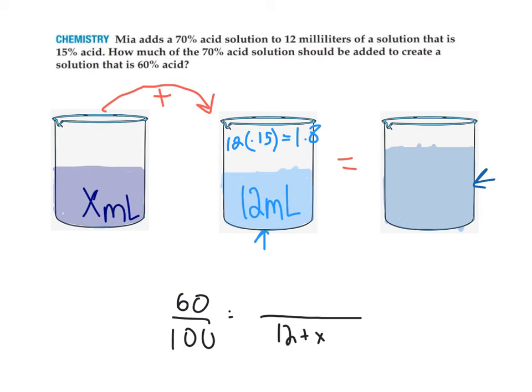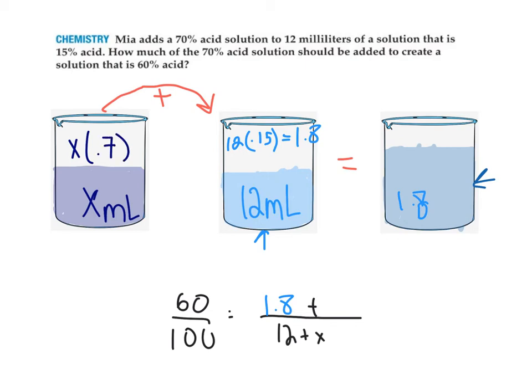So back to our equation over here, we know that we have at least 1.8 milliliters from that second bucket. So we have 1.8 over here. And then we're going to add the amount of acid that we have from our 70% solution. Now we don't know how much we added here, so we're going to do x, but we do know that it was 70%. So 0.7.